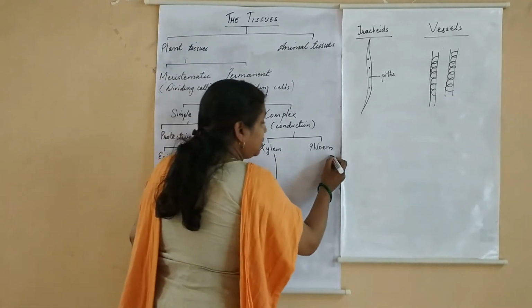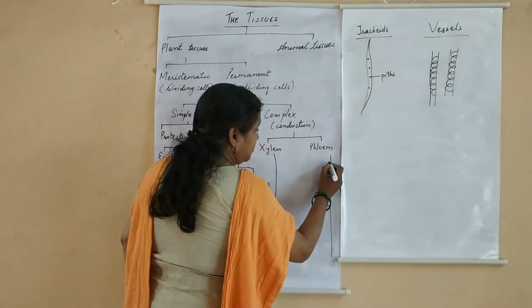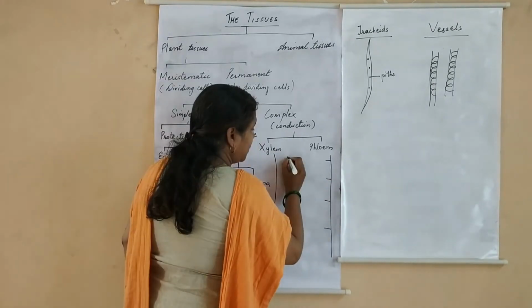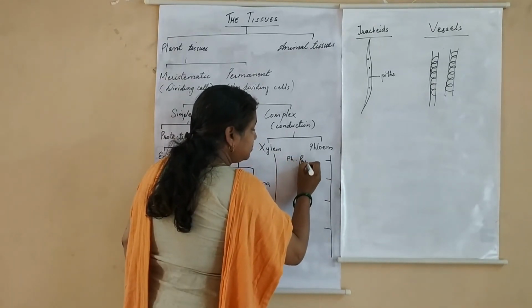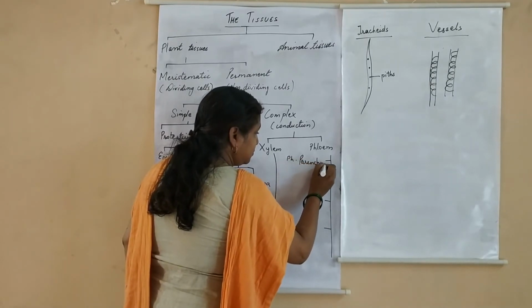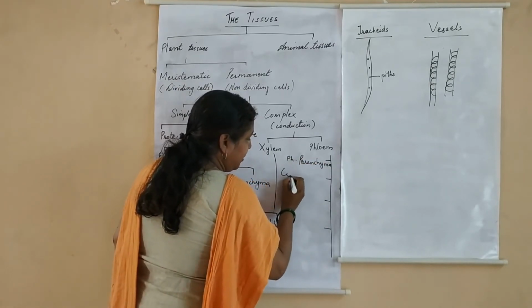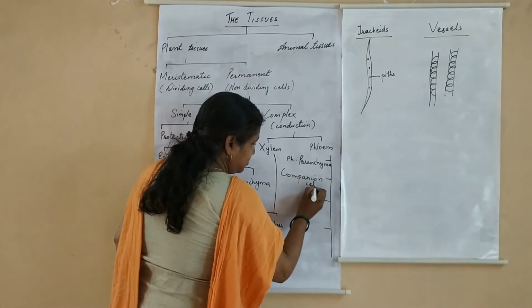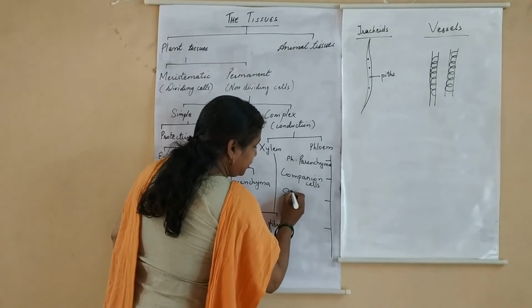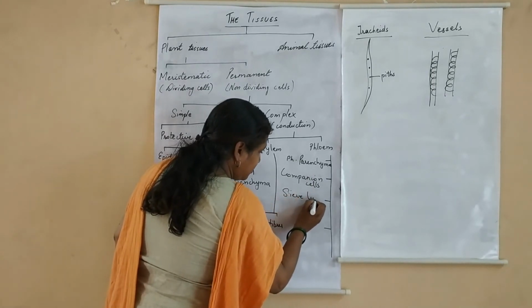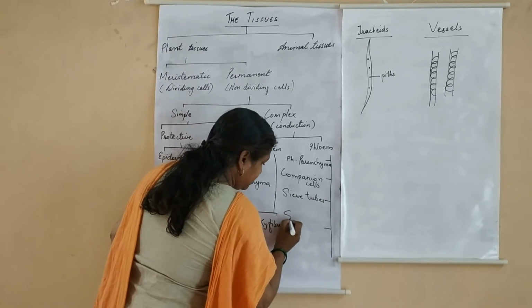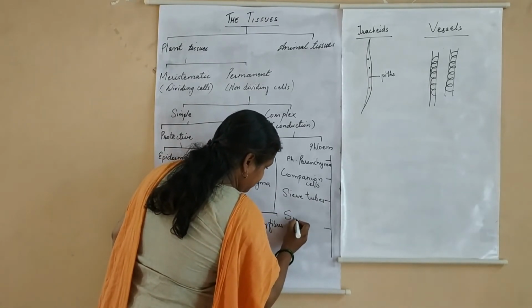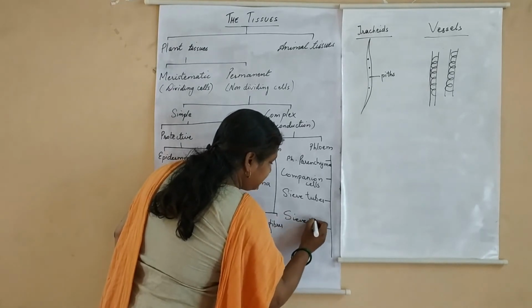Coming to phloem, phloem is also made up of different types of cells: phloem parenchyma, companion cells, sieve tubes and sieve plates.